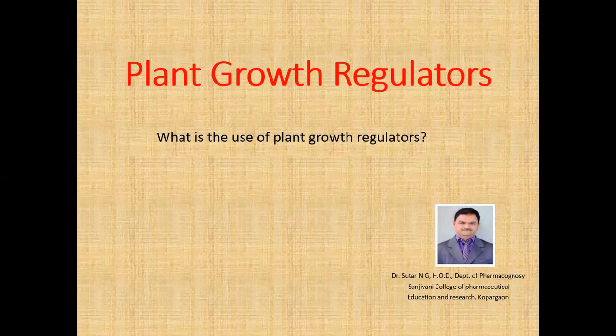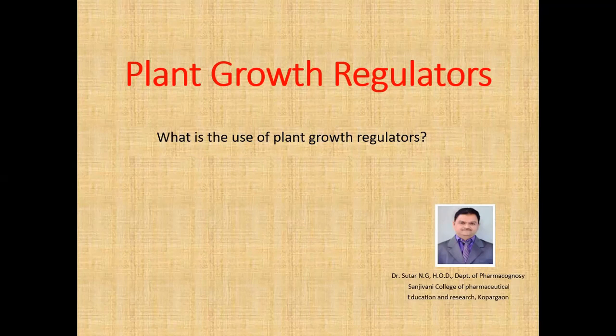Other chemicals are also there, but insulin is responsible for that one function only. Likewise, in the plant body there are different hormones, and each shows a specific activity and controls that activity in the plant body.